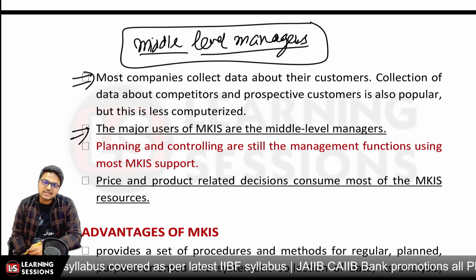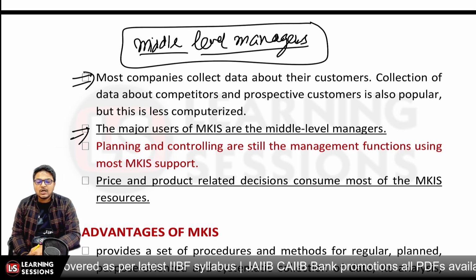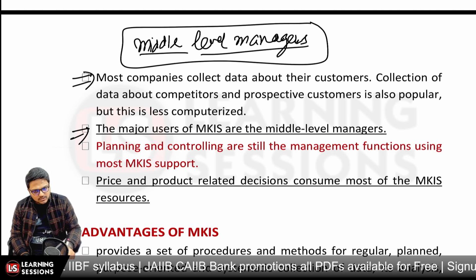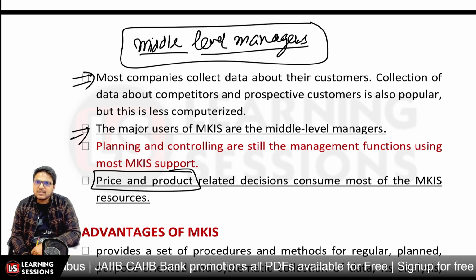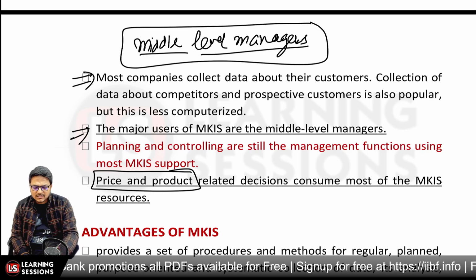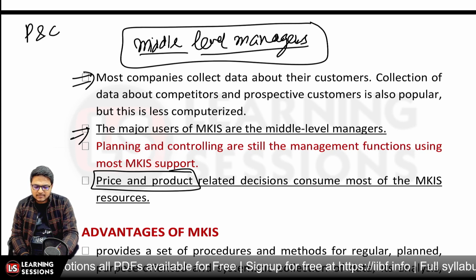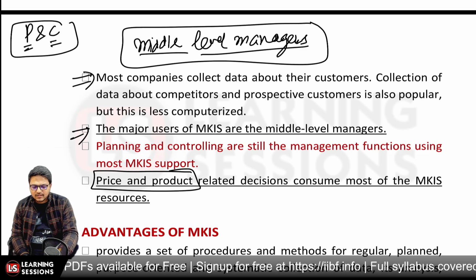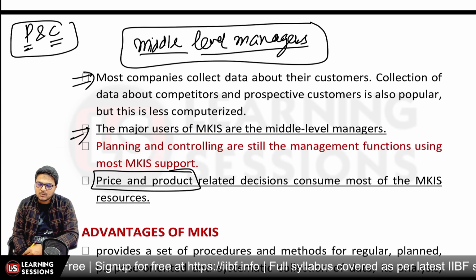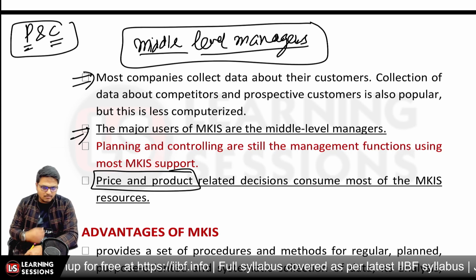So questions can be asked about which P's consume the most resources: price and product do consume the most resources of MKIS. And management uses MKIS the most in which processes? P and C, that is planning and controlling. And which P's consume the resources of MKIS the most? Price and product.